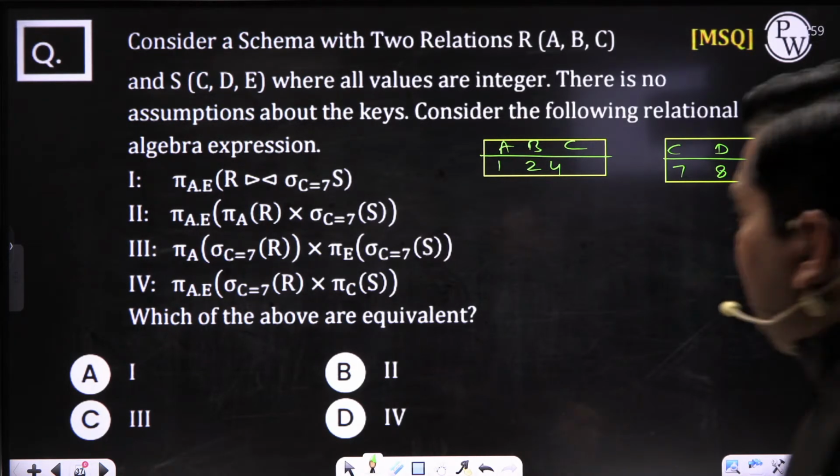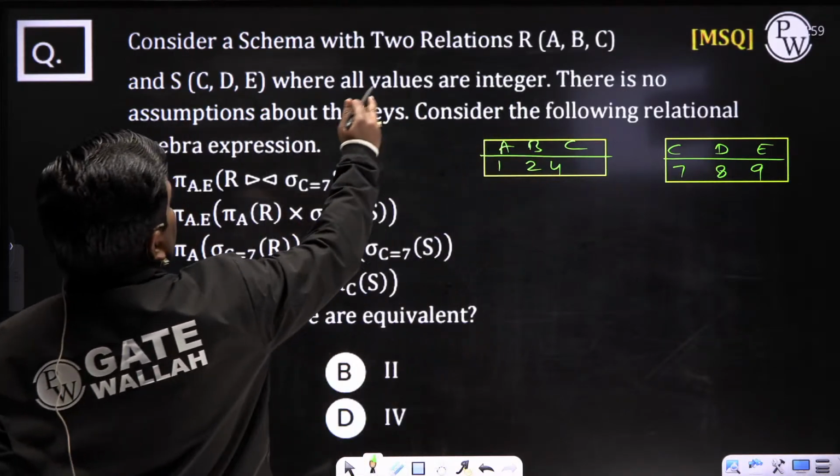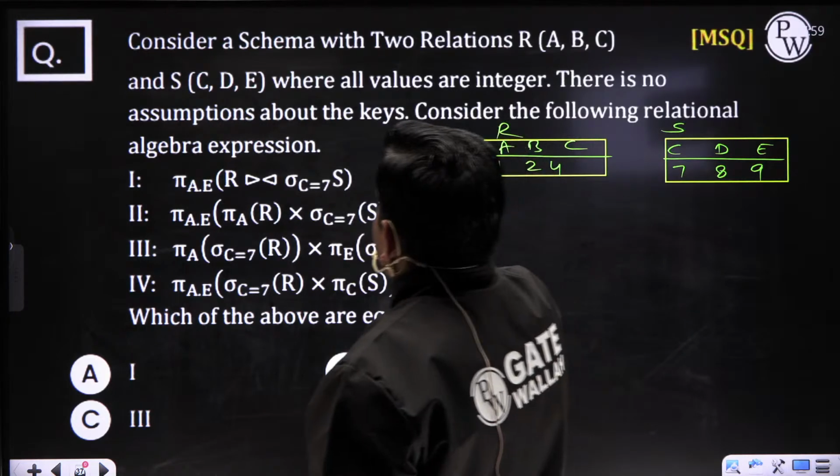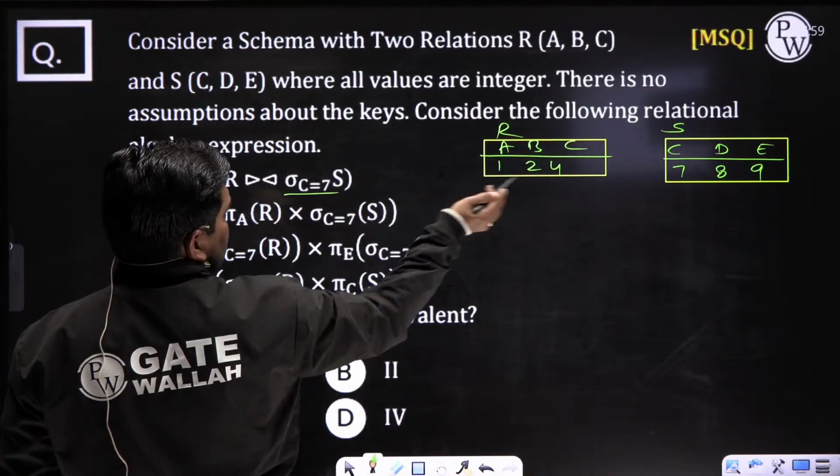Okay, I have taken this example. This one is the relation R, and this one is the relation S. In S, C equal to 7, I have taken that value.